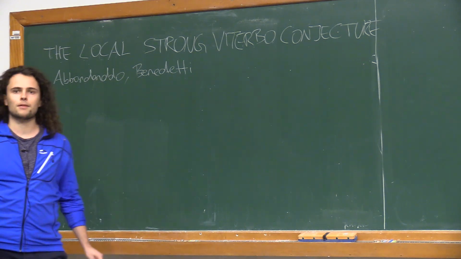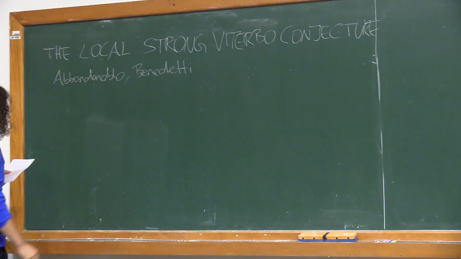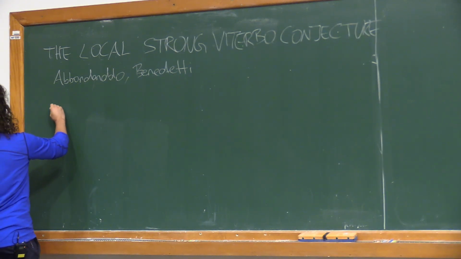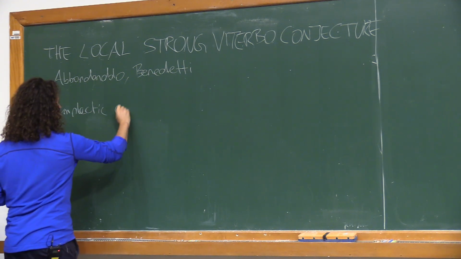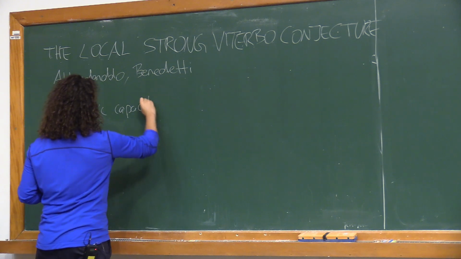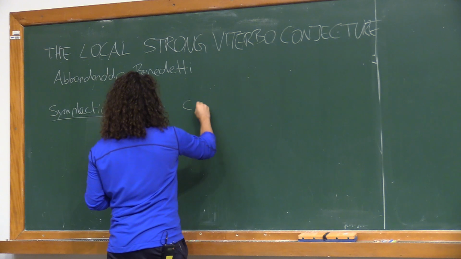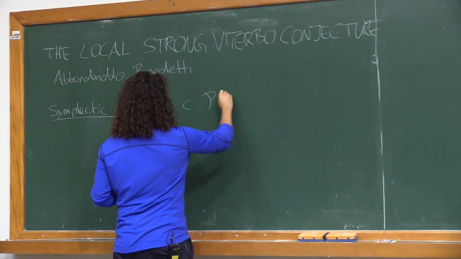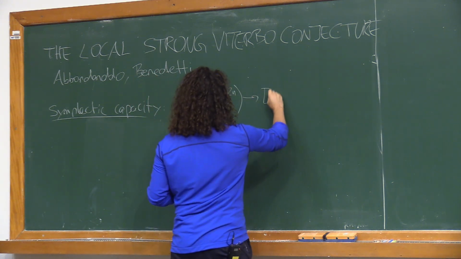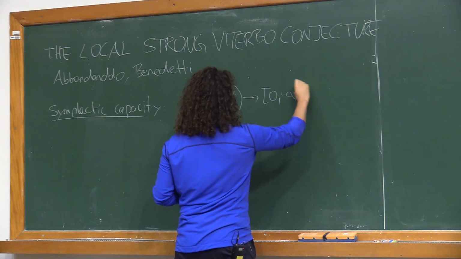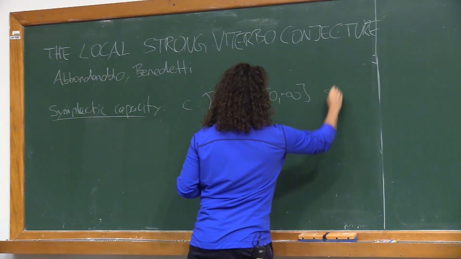Okay, so let me begin by recalling some basic concepts that are going to be important in this talk. So for me, a symplectic capacity is going to be a function C that inputs some subset of R^2n and outputs some non-negative real number or possibly plus infinity. And it has to satisfy two properties.